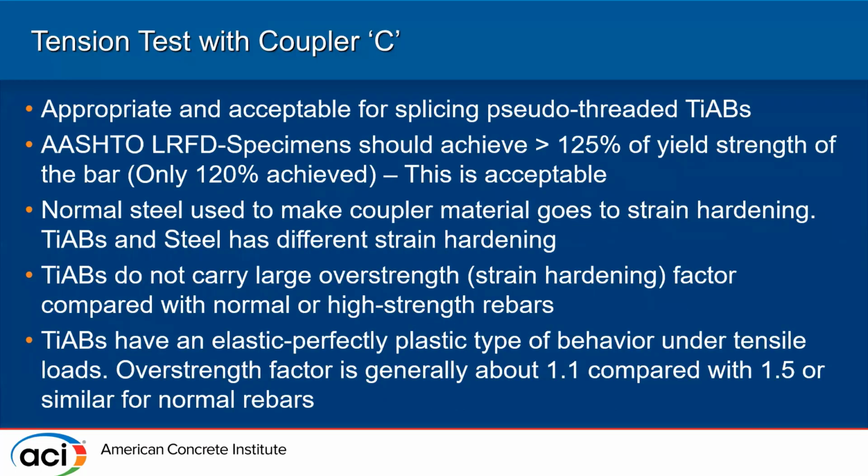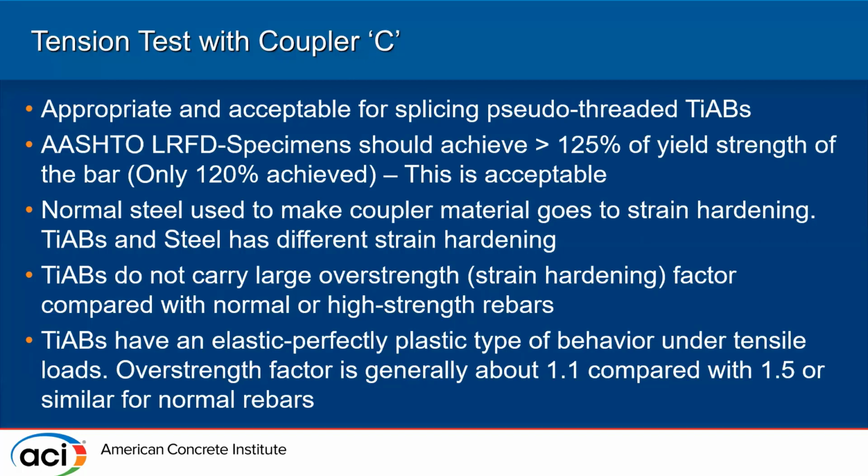From the experiment, we thought that coupler C is an appropriate and acceptable material for splicing the pseudo-threaded titanium alloy bars. AASHTO requires the specimens to achieve at least 125% of yield strength, but we only achieved 120%.